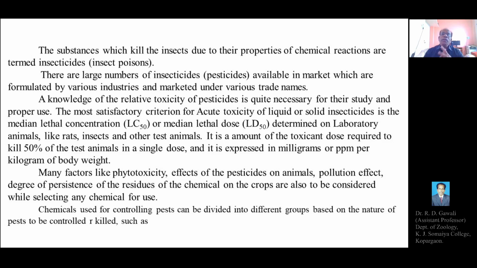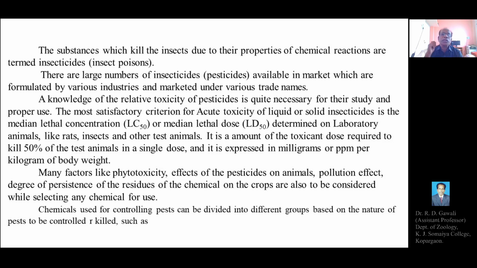A knowledge of the relative toxicity of the pesticides is quite necessary for their study and proper use. Knowledge of the relative toxicity of the pesticides is very important for the study of pesticides and for their proper use.